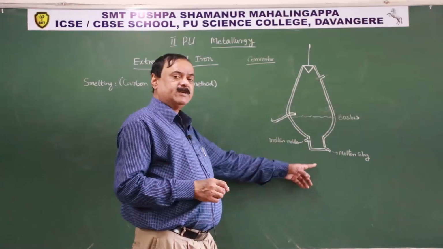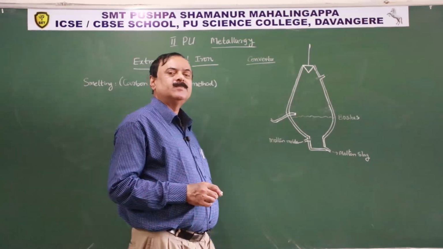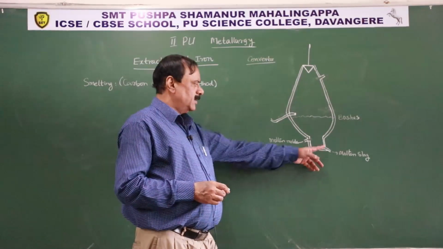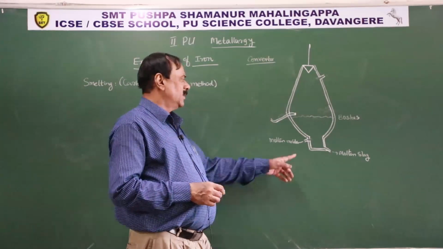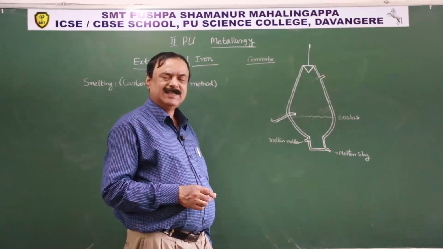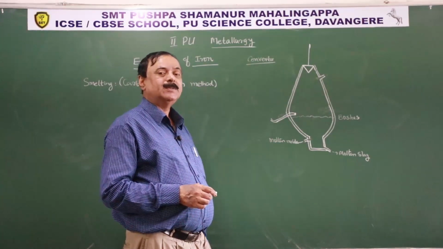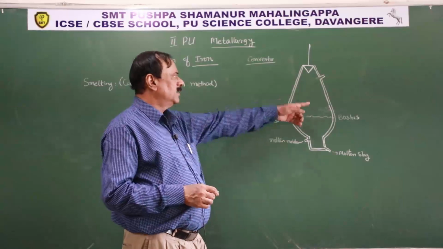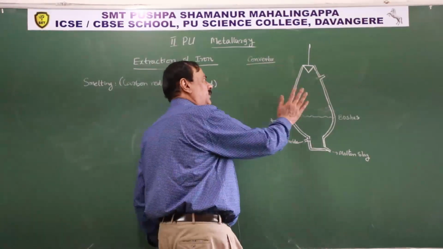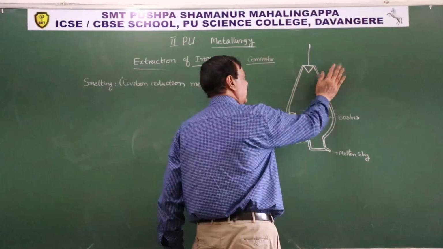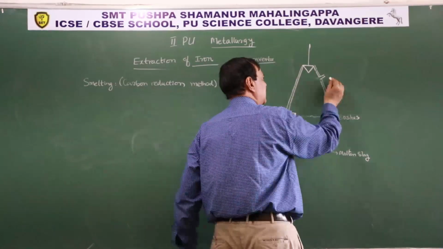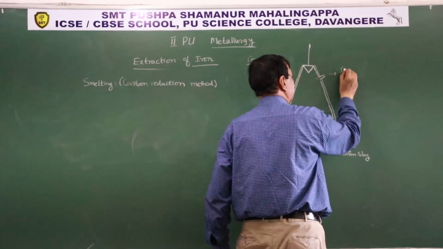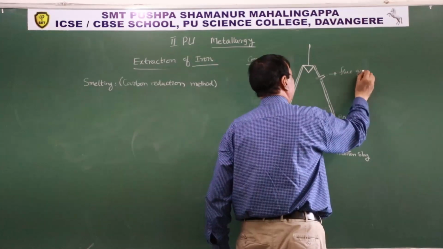The hearth region is provided with two tap holes, exit holes. The bottom exit hole is for removal of the molten slag, and the top exit hole is for the removal of the molten metal. The furnace also has one exit hole at the top, for the removal of the flue gases.